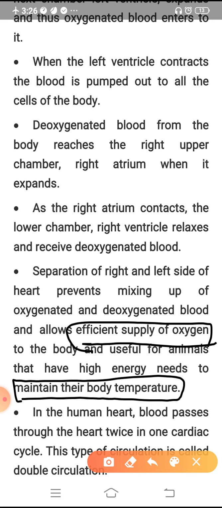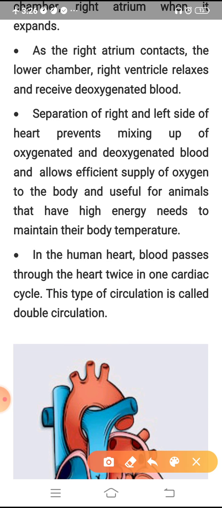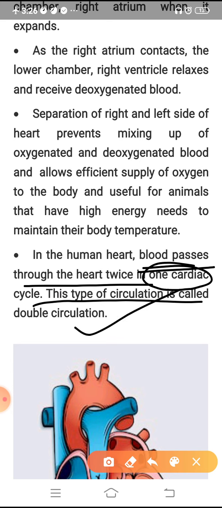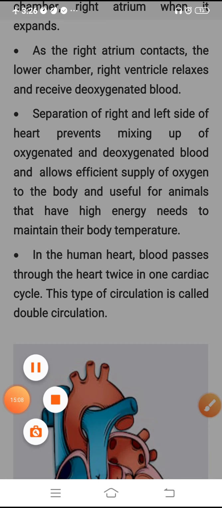This point is also very important. And the last point: in the human heart the blood passes through the heart 2 times in one cardiac cycle. Hence that type of circulation is called double circulation. Hope you understood. Thank you.